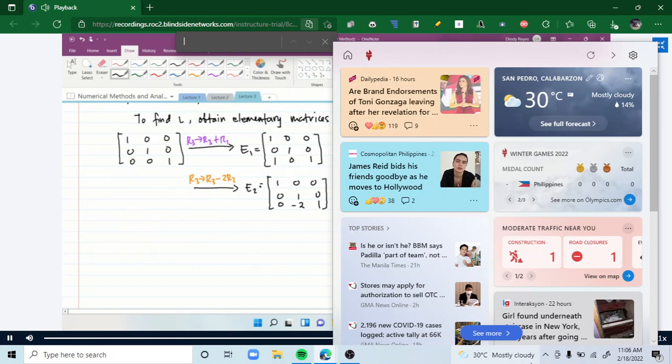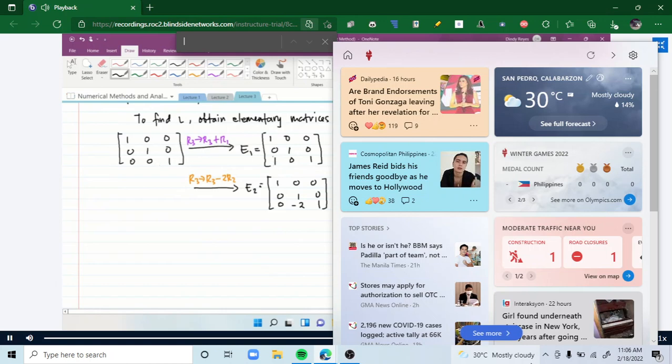We don't need to use the long method to obtain the inverses of these matrices. Since we performed addition here, addition din ito, kaya lang the constant beside R2 is a negative number, no? We performed addition here, so we'll just be needing the additive inverses of the numbers that changed here.